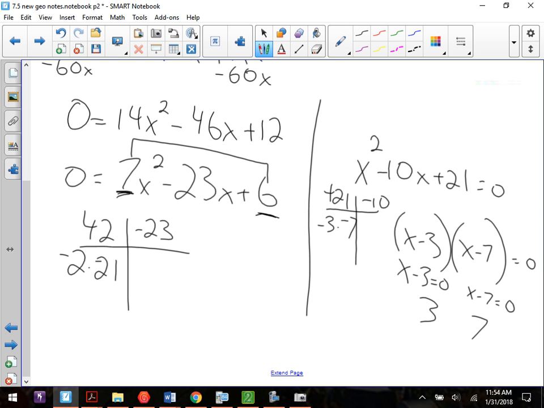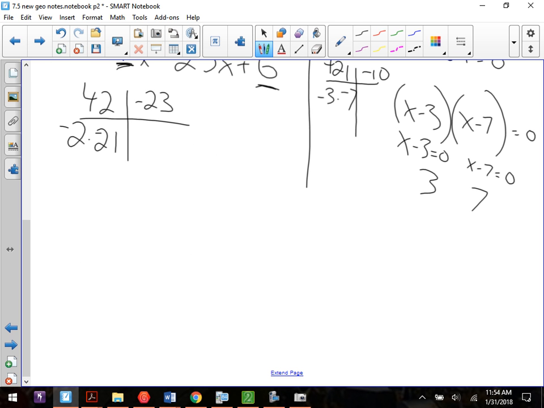So when you had trinomials that did not have a first term equal to 1, you had to do extra math. And what we did was we set it up in a way that we would call factor via grouping. It might look familiar. You have 7x squared minus 21x, minus 2x plus 6.